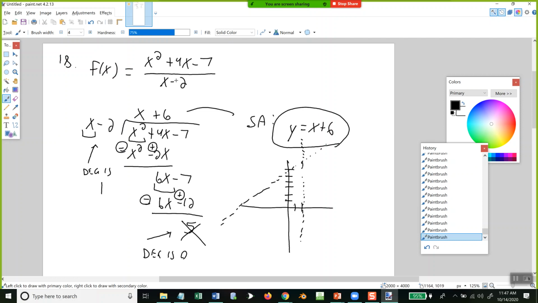If I found my intercepts, 3.5 would be an intercept on my y-axis. And so I'd know it kind of goes like this, skimming this. This would go down like this, and then there'd be a piece up here.